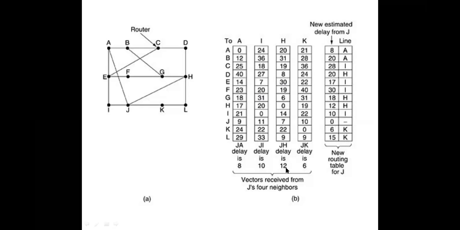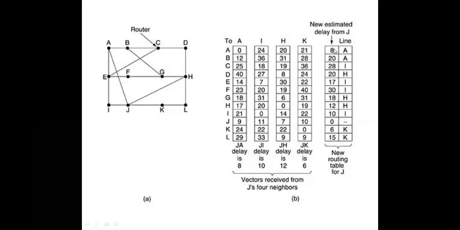So here they will give some details. J to A 8, J to I 10, J to H 12, and J to K 6. That means J to A, what is the delay? 8. We know that. J to I, what is the delay? 10. We know that. And J to H, what is the delay? 12. And J to K, what is the delay? 6.